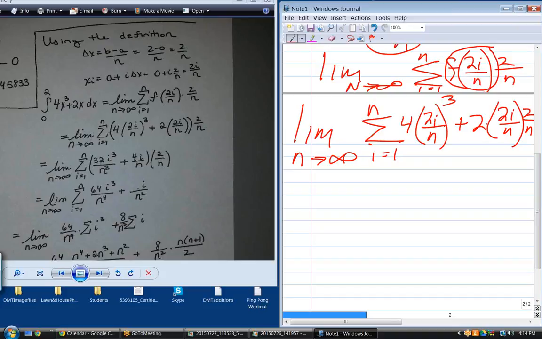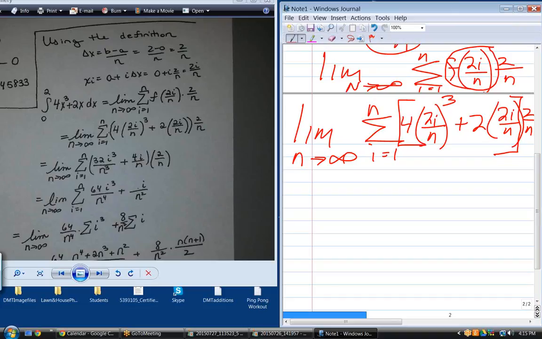And this whole thing actually has to be multiplied by 2 over n. Notice that 2 over n is delta x. So this thing has to be f of 2I over n times 2 over n. So what I have in brackets there is just the f of 2I over n.